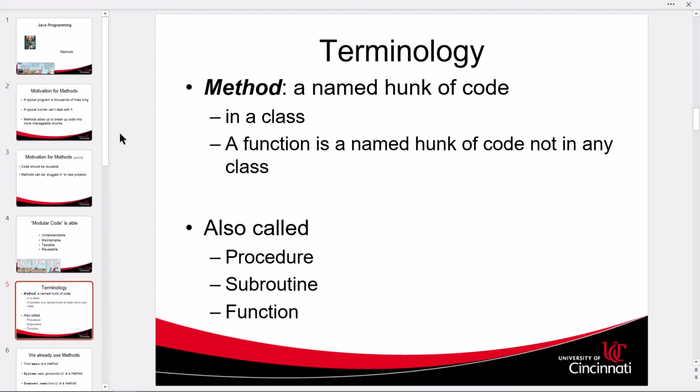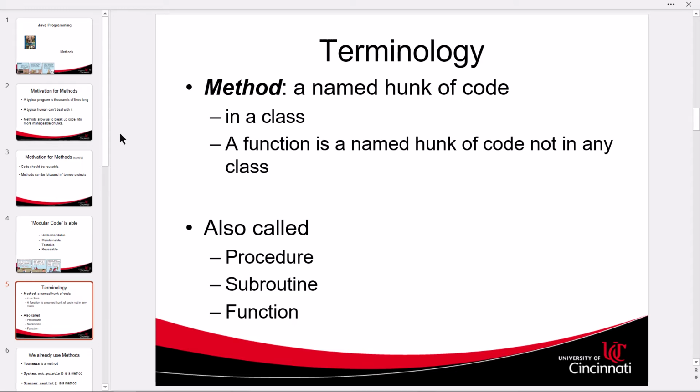We know we're in Java. And in Java, there are no bits of code that aren't in classes. Everything has to be in a class. Therefore, every instance of a named hunk of code, I'm using that term hunk a lot, is a method. So strictly speaking, there are no functions in Java.